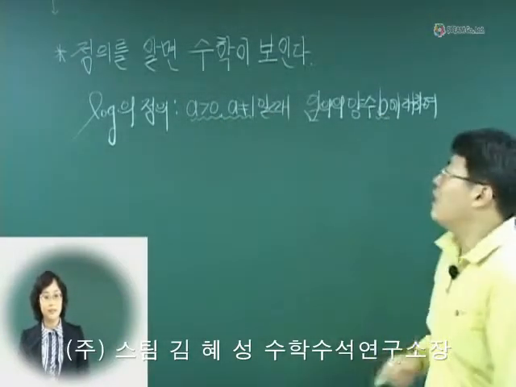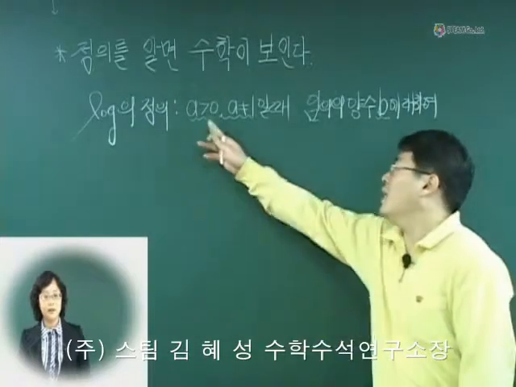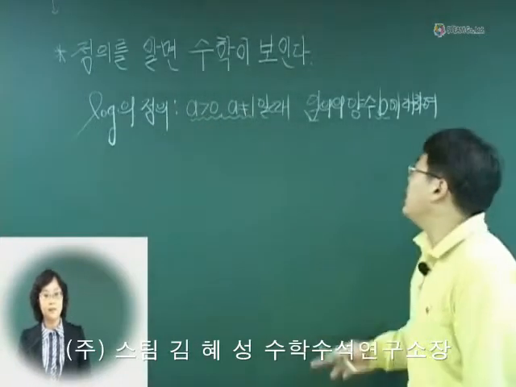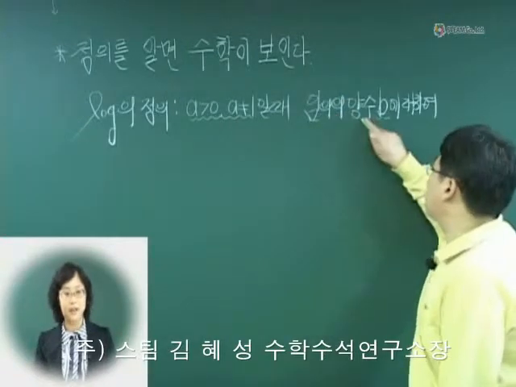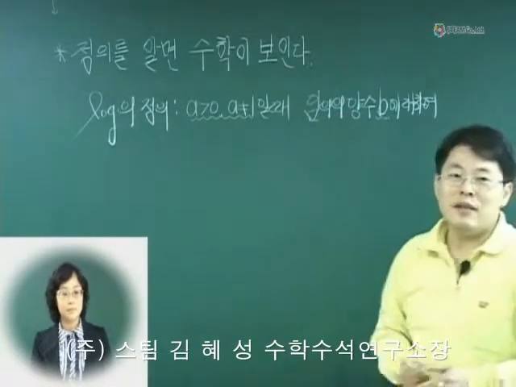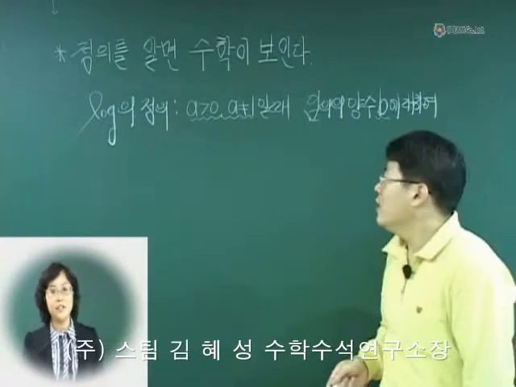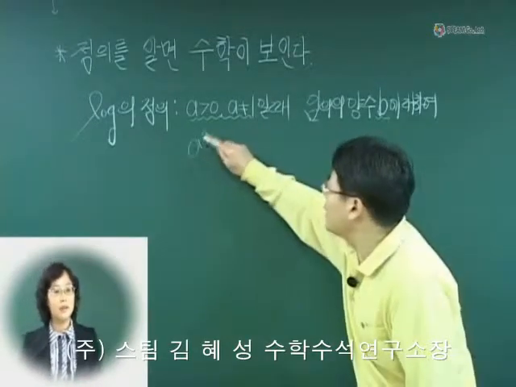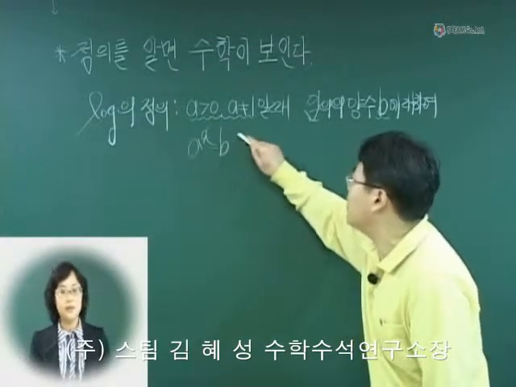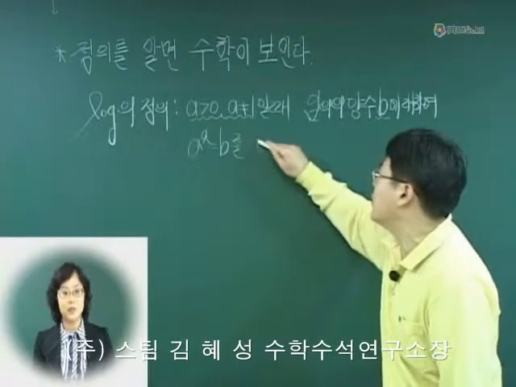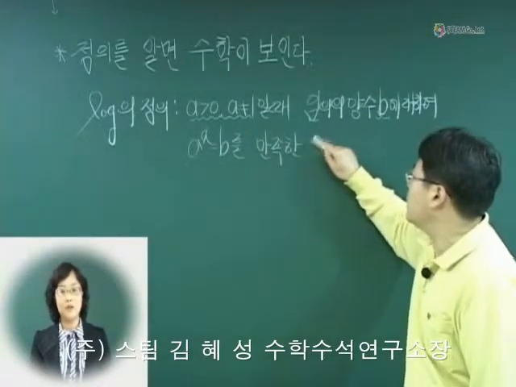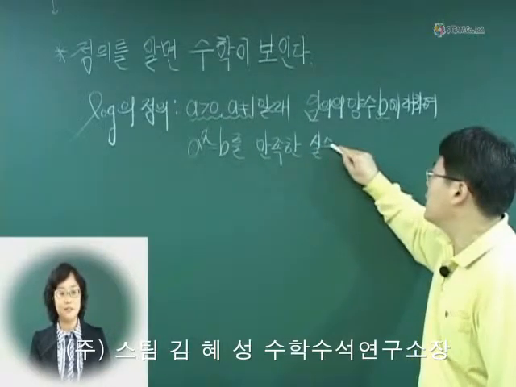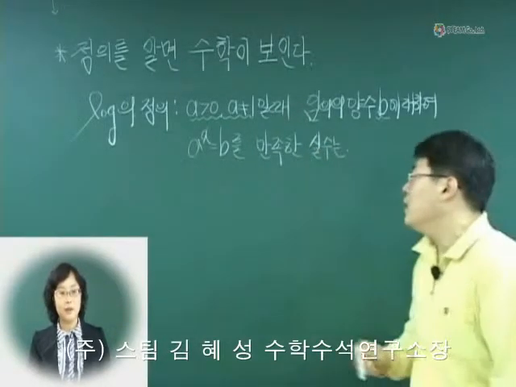Yes, it's right. And then the reference positive integer b. After that, a to the x power equals b. The real number that satisfies this equation, the real number which satisfies a to the x power equals b.